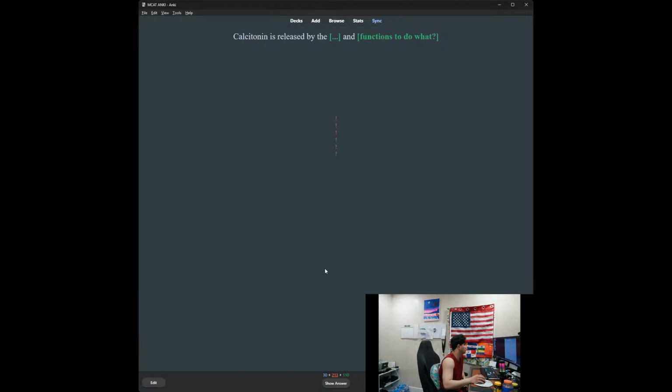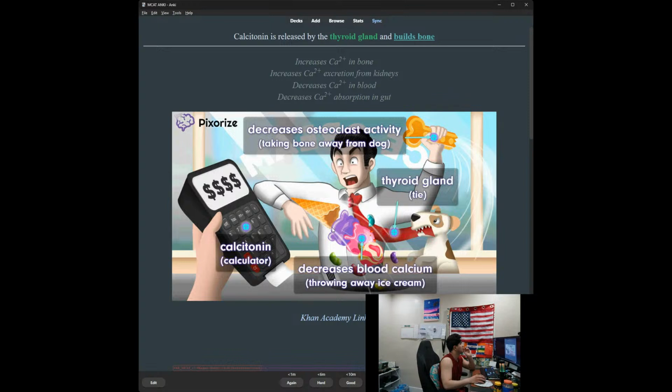Functions to decrease calcium in the blood. That's increase actually. Oh no, yeah. That's decreased calcium in the blood.